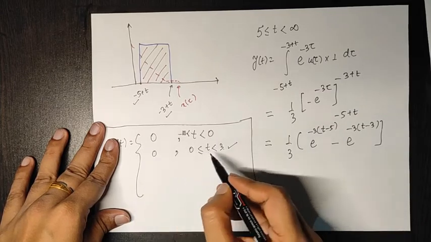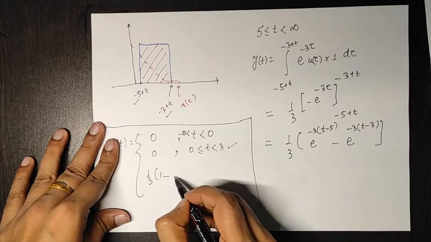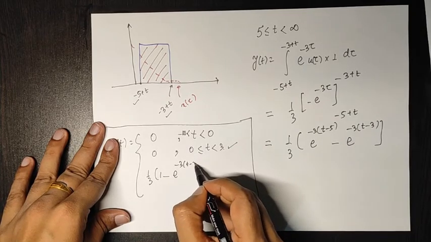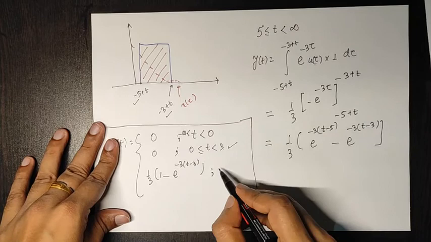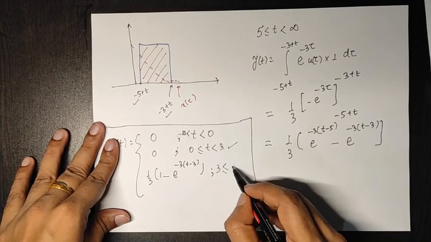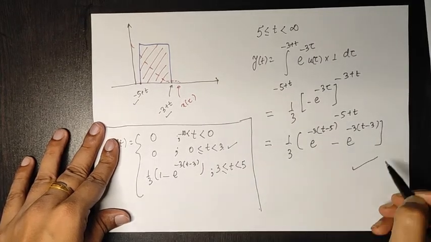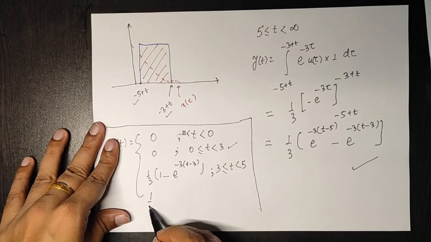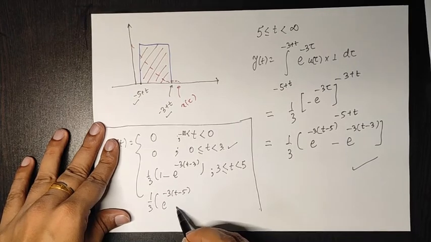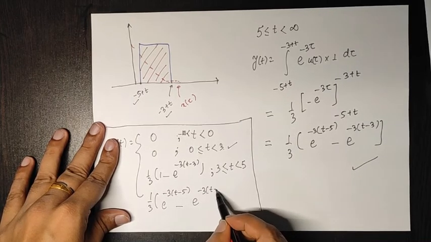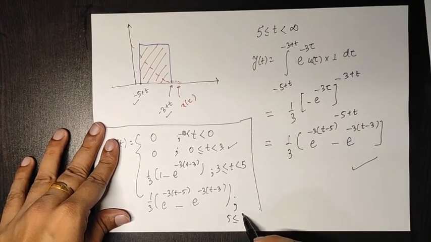and then it has an equation of 1 by 3 times 1 minus e to the power -3(t minus 3) for the interval of t from 3 to 5, and then finally its equation is the one above for 5 to infinity.